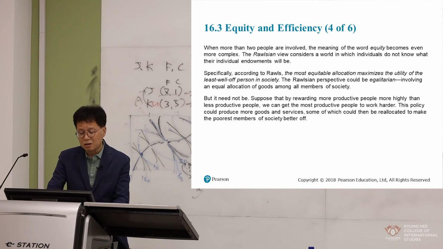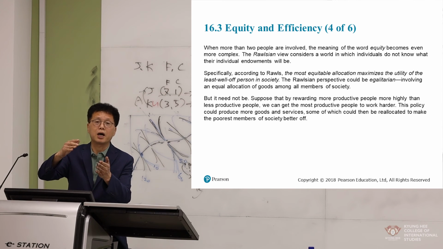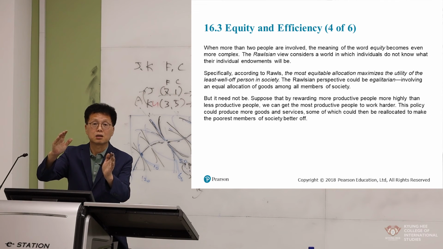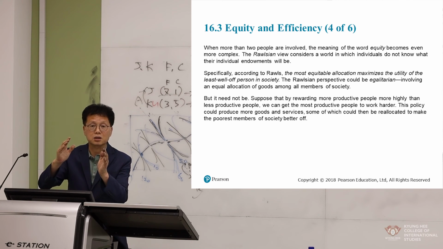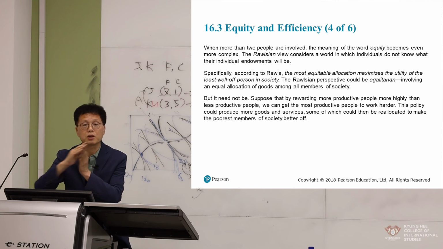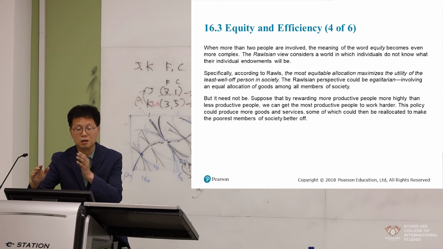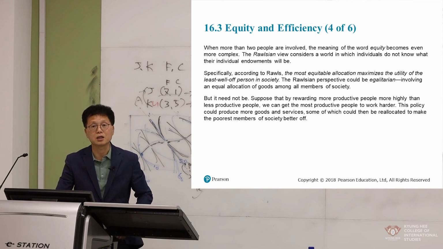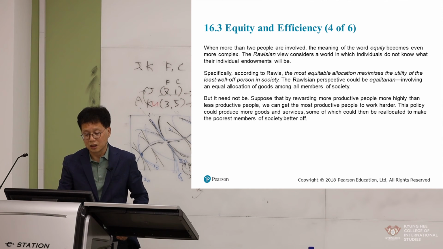In this view, we maximize total production, right? After maximizing production, some goods can be reallocated to poor people. Then poor people's welfare can increase. Okay? That is the idea of the market-oriented view.